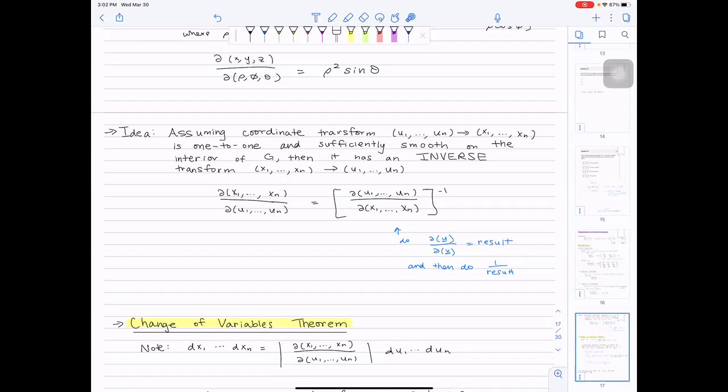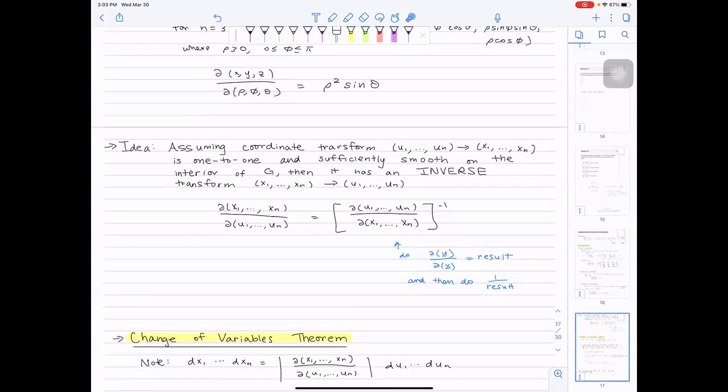to compute this Jacobian matrix because you already have your outputs written, and you just take the derivative of each one with respect to x and y. So you can compute this first and take the inverse of it. That's the point of this.